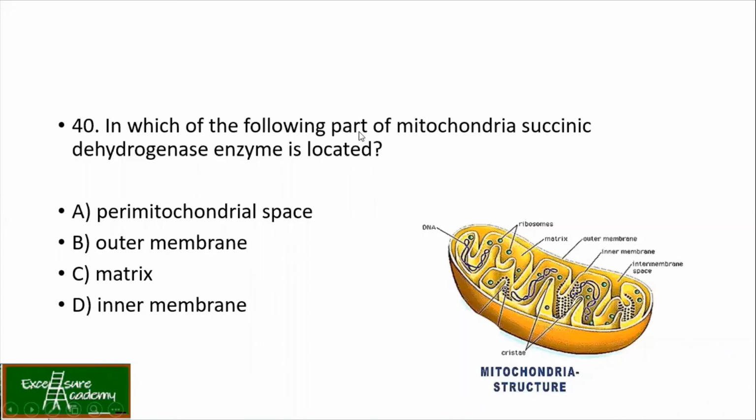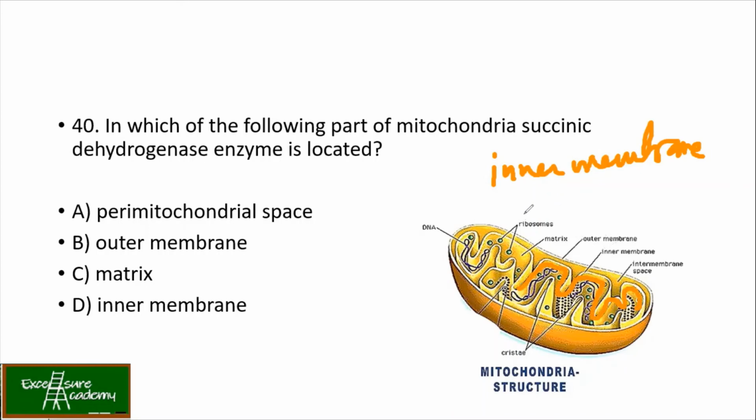Now, in this question: in which part of the mitochondria is the succinate dehydrogenase enzyme located? We see the structure of the mitochondria here. During the respiration process, many of the complexes are present on the inner membrane, onto which complexes 1, 2, 3, 4 are all present.